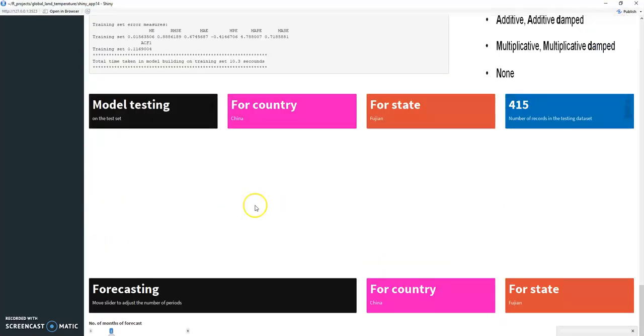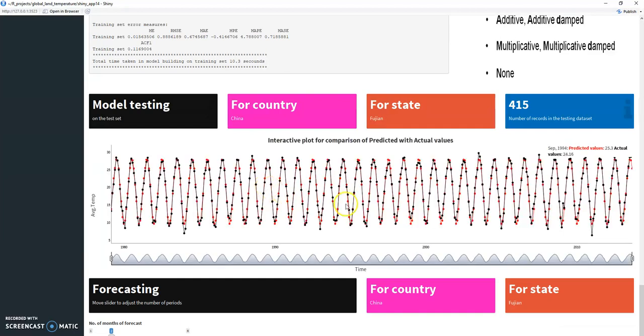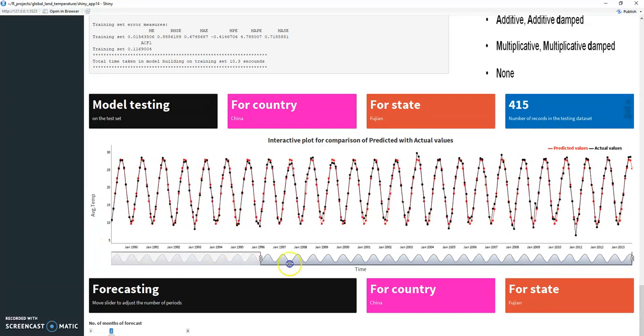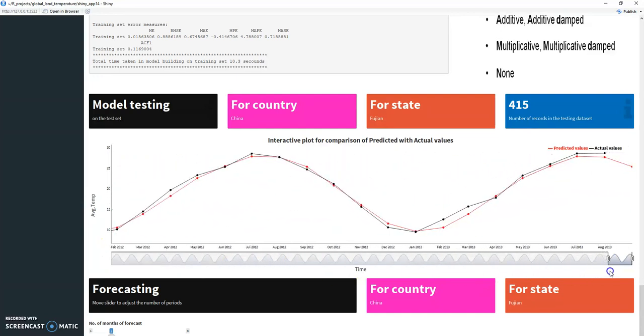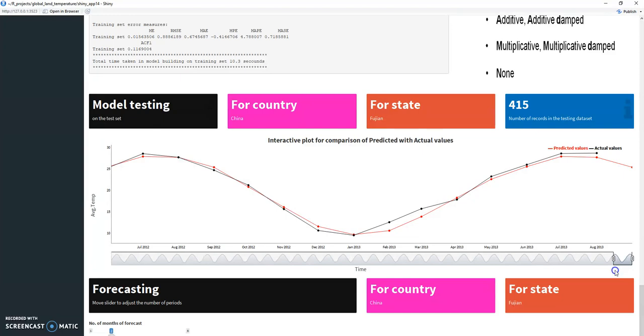So the model is being built right now, and let's see. Okay, so the model has been built, and what we are doing over here is comparing the actual and the predicted temperature. They look fairly close to one another. In case you would like to have a closer view of, say, one period or 1 year, this is how the temperatures look.